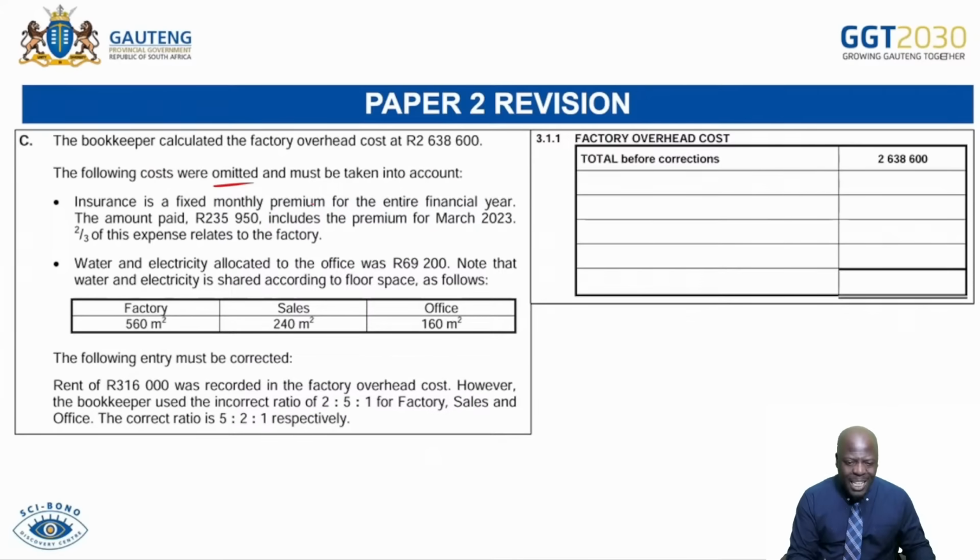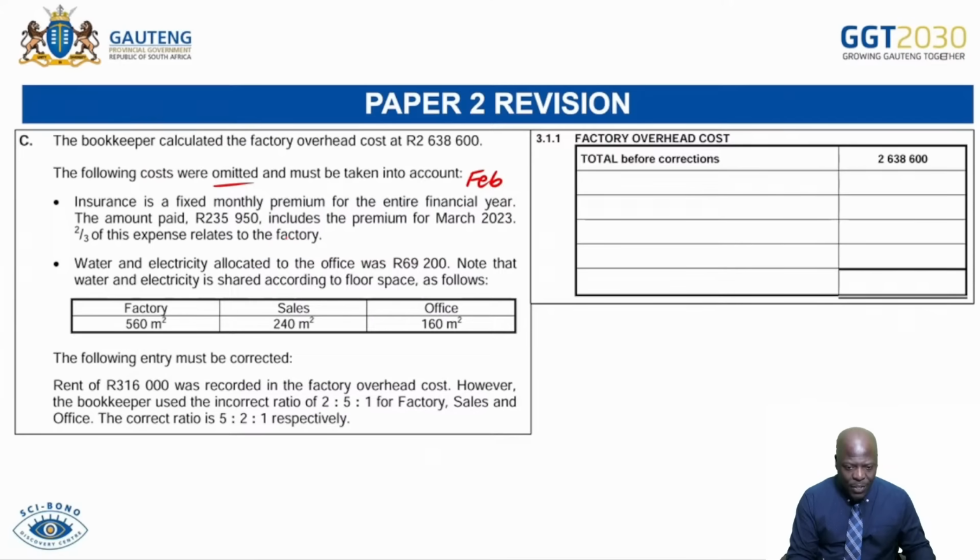The first one says insurance. Insurance is a fixed monthly premium for the entire financial year. The amount paid, which is 235,950, includes the premium for March 2023. Remember, the financial year is ending in February.